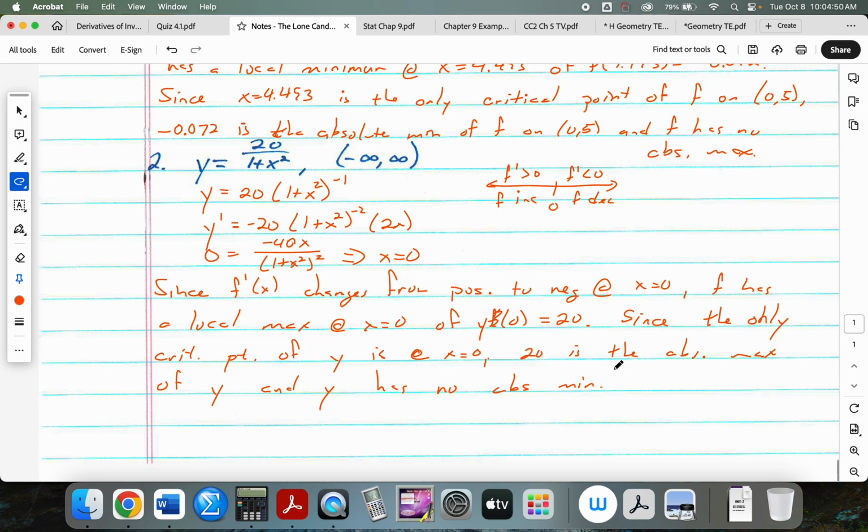Although it is bounded on the bottom, it turns out that as x gets bigger and bigger, my fraction gets closer and closer to 0. So again, having a boundary and having a minimum, not necessarily the same thing.